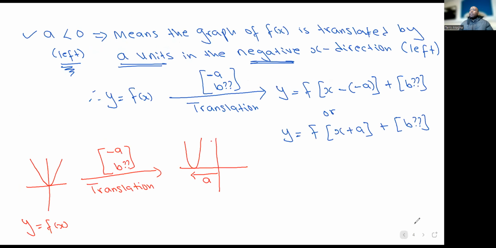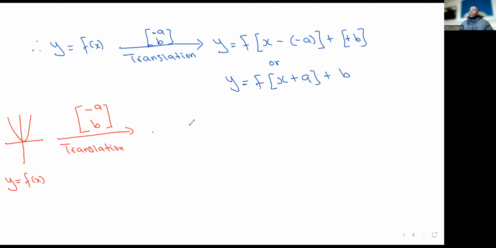Like I told you before, when a is less than 0, it means it's going to the left. So the first thing you notice is that this graph is going to move to the left first. It's in the middle here, so it's going to move from here to the left by a units.